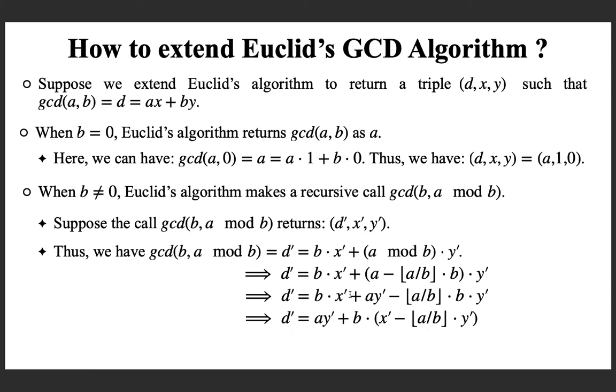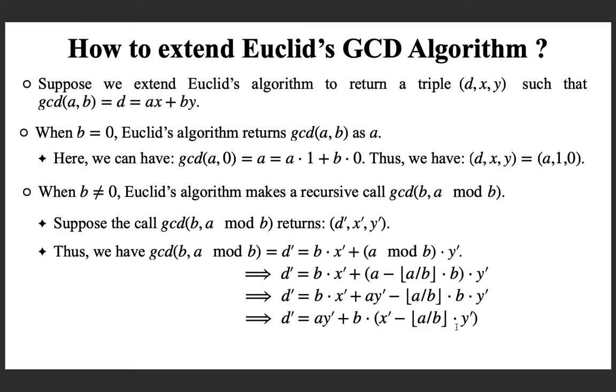plus from this term if I take b out, what is the remaining? This is quotient of dividing a by b multiplied by y prime. So we have not done any magic here. I have taken this term as the first term, plus from the other two terms I am taking b as a common factor. So x prime minus these two except b.